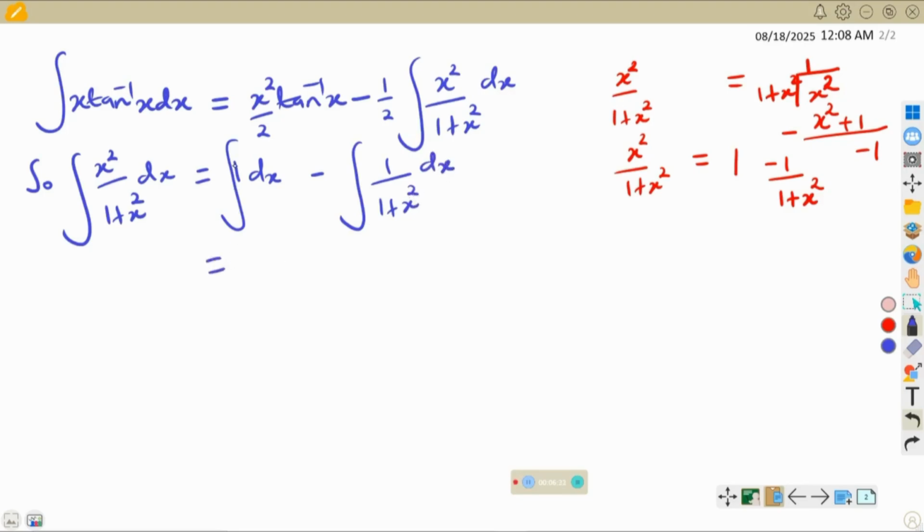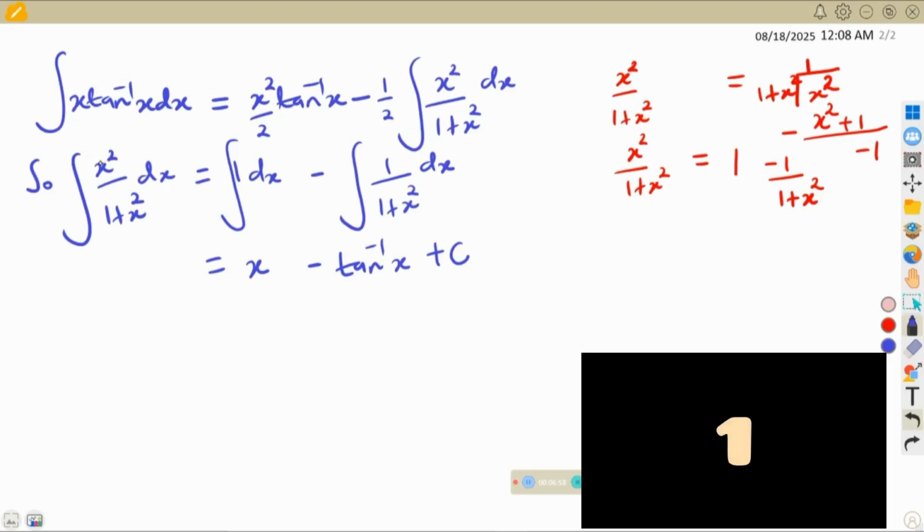When you integrate 1 with respect to x, you get x, then minus the integral of 1 divided by 1 plus x squared, which is tan inverse x. There are no limits, so I add a constant c.